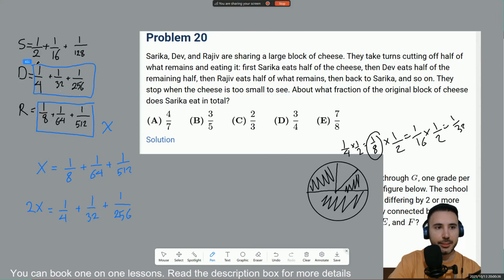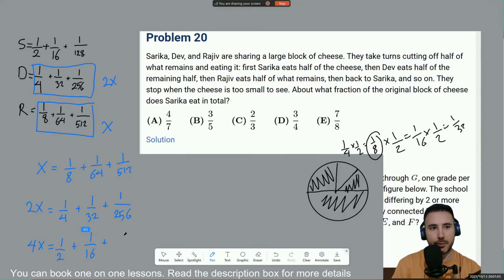Oh, interesting. And now let's also do it: what if we multiply this fraction, which is X, by 4? We're going to get the next person. 1/8 times 4 is going to be 4/8, which will be simplified into 1/2. The same thing is going to be 4/64, we simplified into 1/16, and so on.